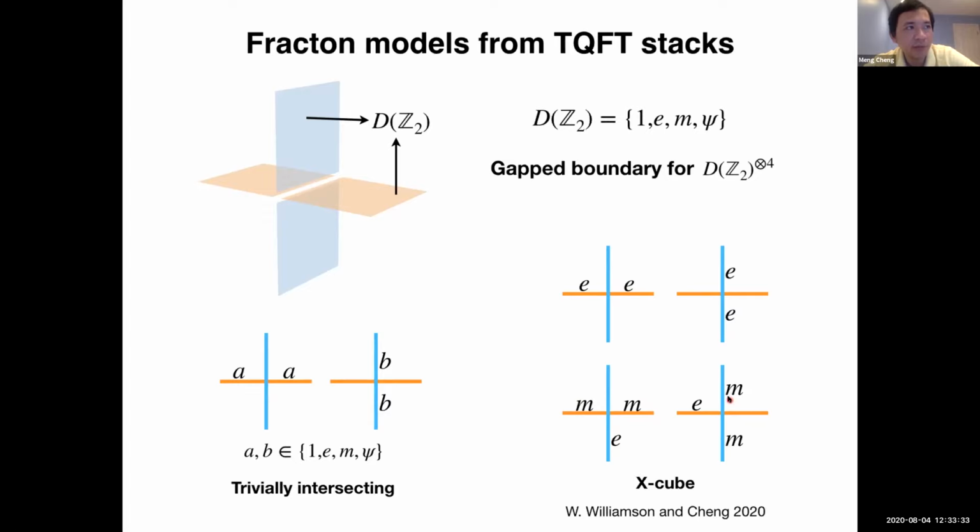And similarly, we condense these three particles, m and e. And you have to condense more, just by combining these generating anyons in the condensation. But this way, you can convince yourself, either through an explicit lattice model construction, or just by thinking about what happens when you bring in an anyon at this intersection and what happens when it tries to go further, that this actually gives you the X-cube model.